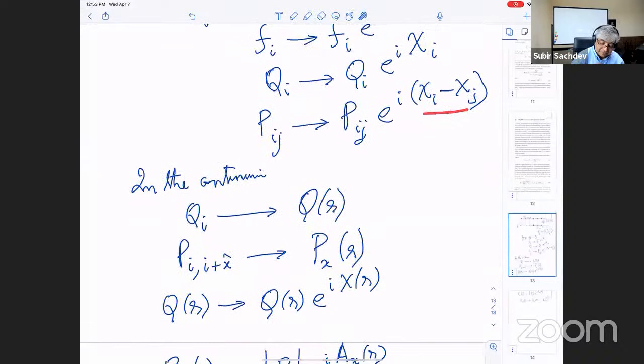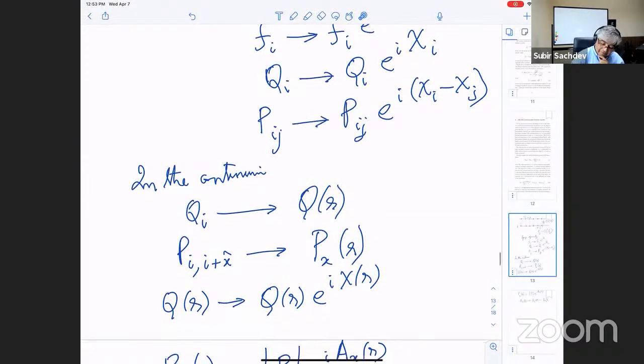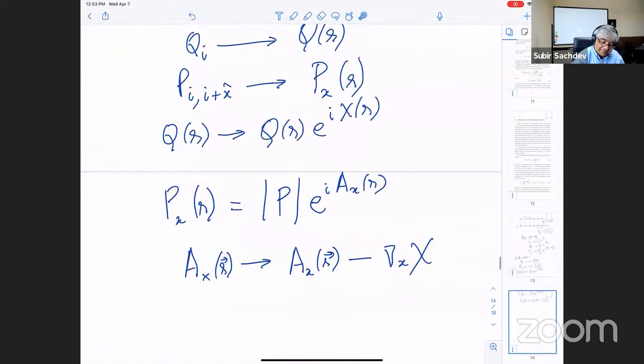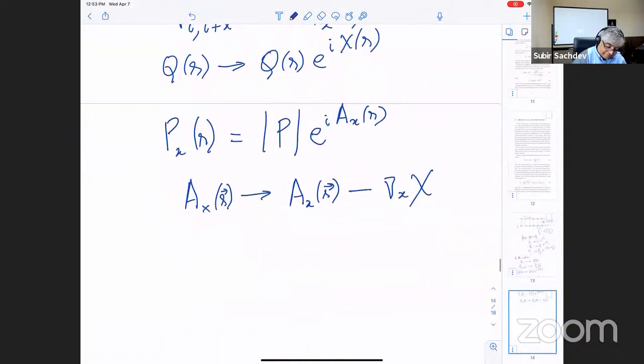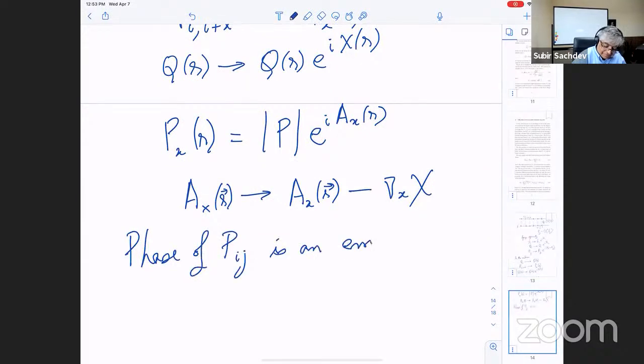Lattice spacing is equal to 1. All right, so this tells me that the phase of Pij is an emergent gauge field.